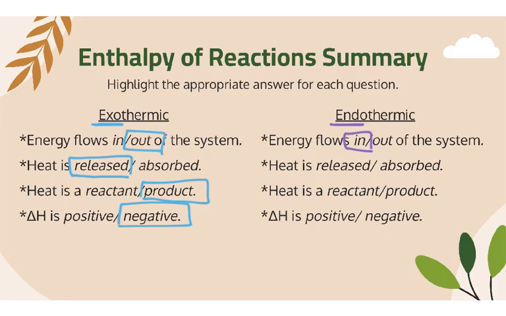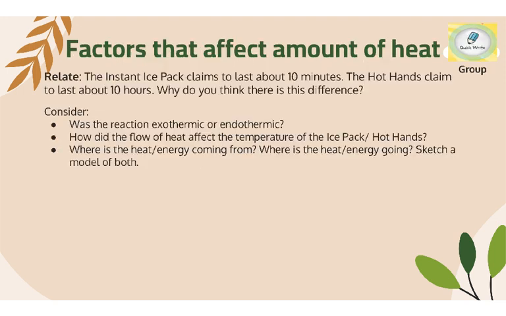In an endothermic reaction, that energy is going to flow into the system, meaning that that energy is absorbed. Heat is a reactant. So we'll see it on the left side of our reaction, and our delta H is going to be a positive number. So factors that affect the amount of heat.